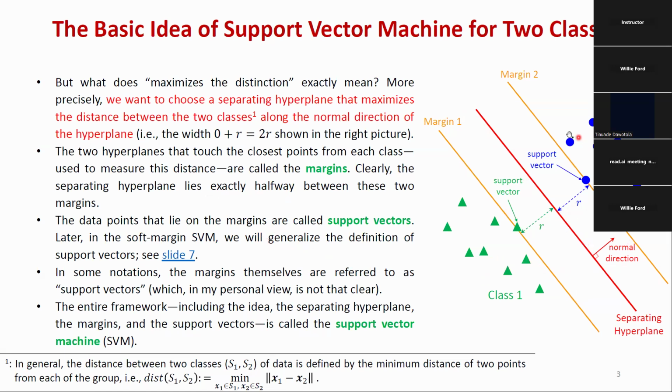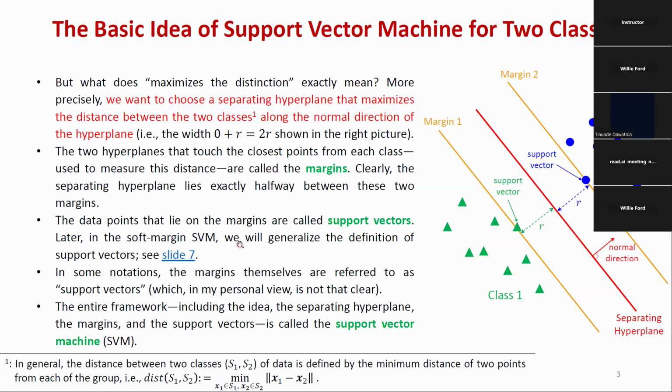Formally, this is called hard margin SVM, or if you want to make it easy, just call it the original SVM model. Later, we will formally define the whole model using a more practical method, which is soft margin SVM. We'll introduce it later, in slide 7.